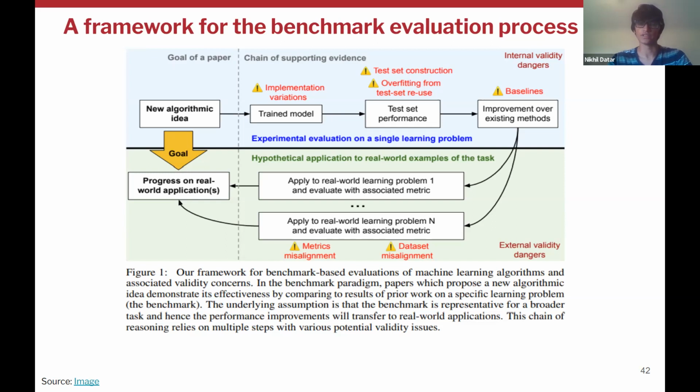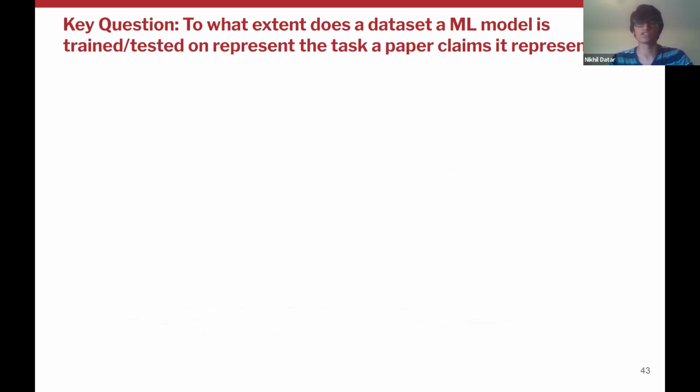And if so, then hopefully we get to apply the model to new data sets and to the real world, and hopefully make progress in the clinical workflow. The key question is, to what extent does the data set the model is trained on represent the task a paper claims it represents?